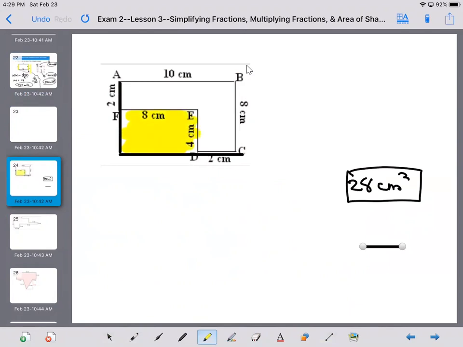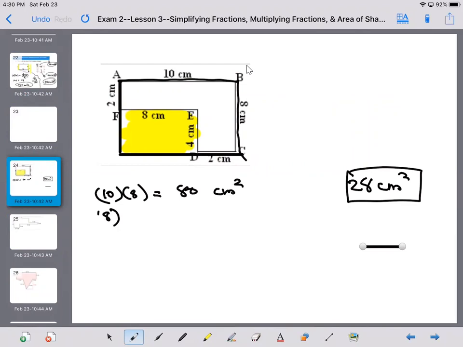So I would need to know the total area, and the total area would be 10 by 8, which would be 80 square centimeters. And then I would need to find the area of the yellow, which would be 8 by 4, which would be 32.